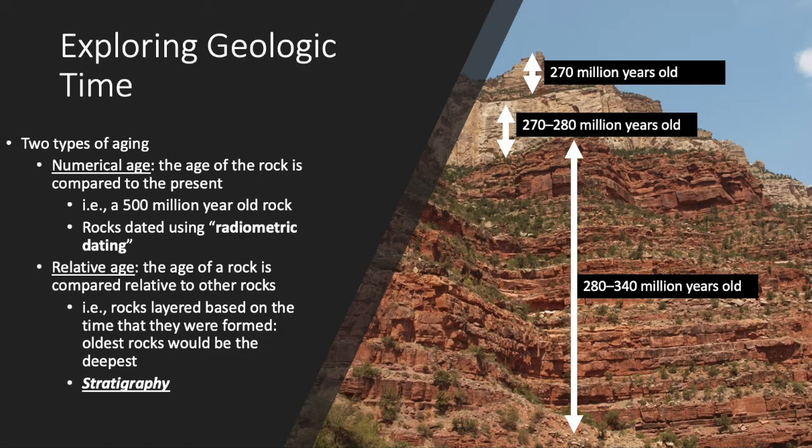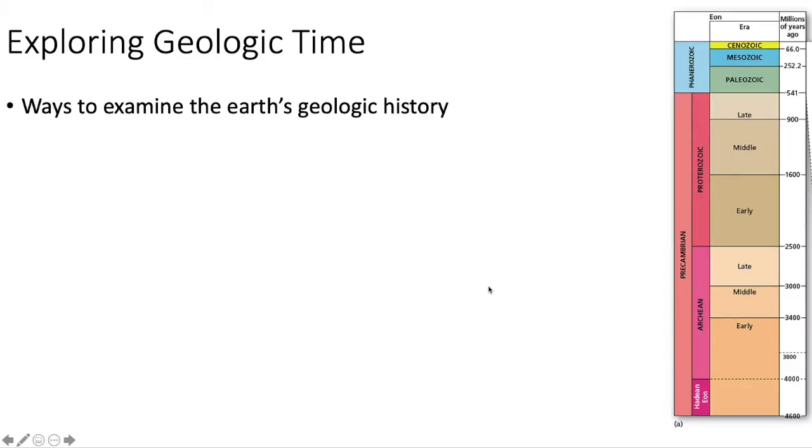So geologists use more of the relative age, right? And they do this through this really fascinating approach of using its own vocabulary. You've probably heard geologists refer to a rock that came from the Cenozoic era or from the Precambrian era. Well, that's what we're going to be learning about today.